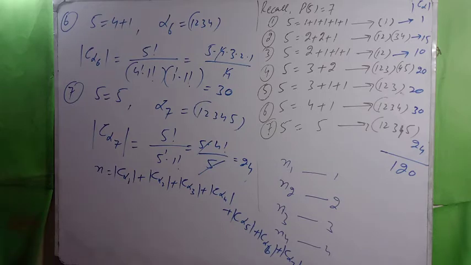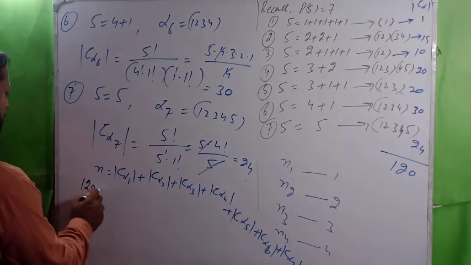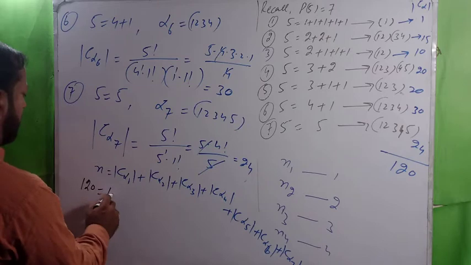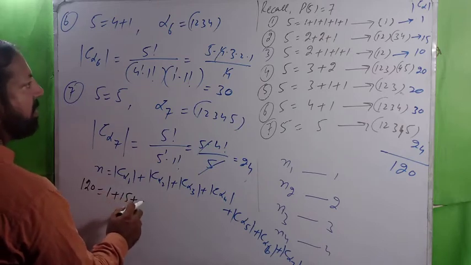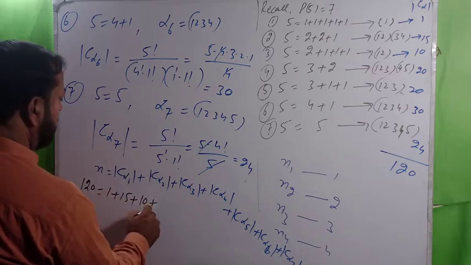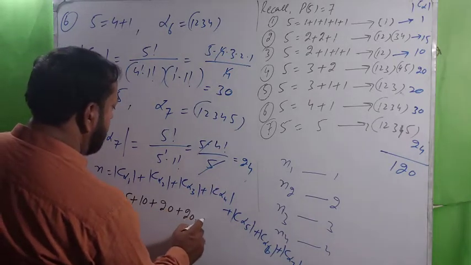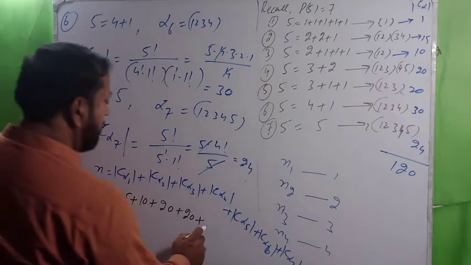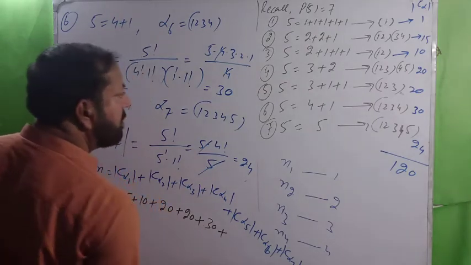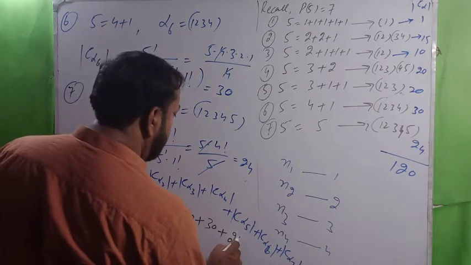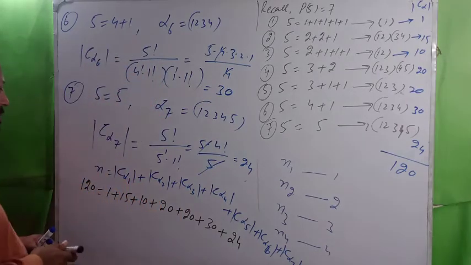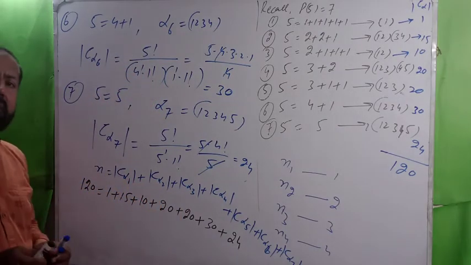So it can be written easily. This is 120 is equal to 1 plus 15 plus 10 plus 20 plus 20 plus 30 plus 24. So see, this is the class equation for S5.